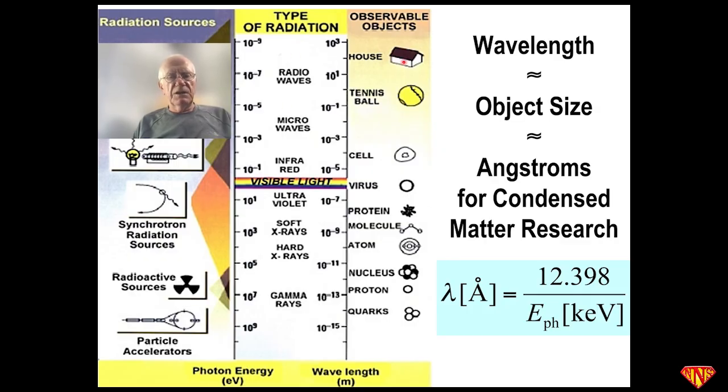For large objects like a house or a tennis ball, we see images of them which are created by visible light, which is here in this ruler of different wavelengths of radiation.